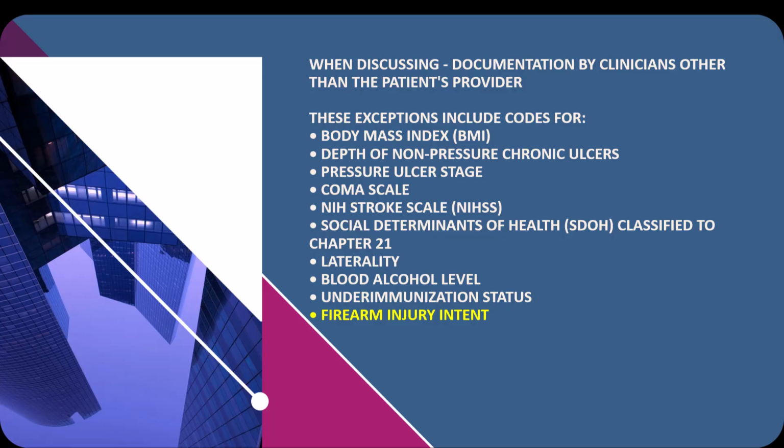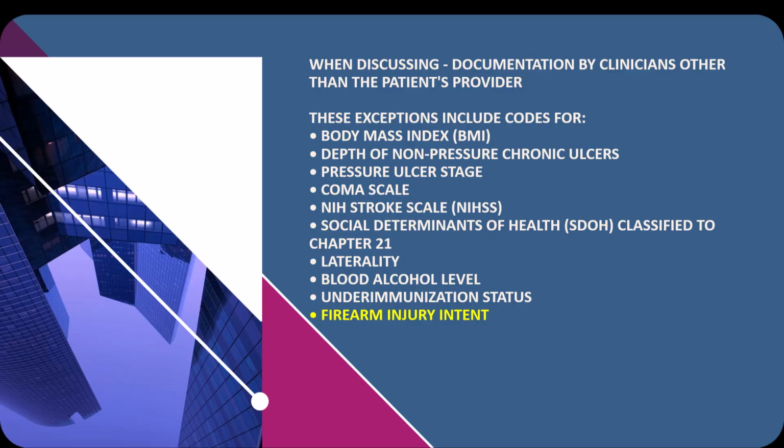This one, it has to do with somebody other than the patient's provider documenting in the record. And you can see some of the instances where that would happen. You've got a body mass index. That would be a dietitian. Chronic ulcers could be through nursing care. And all the way at the bottom, it says firearm injury intent.